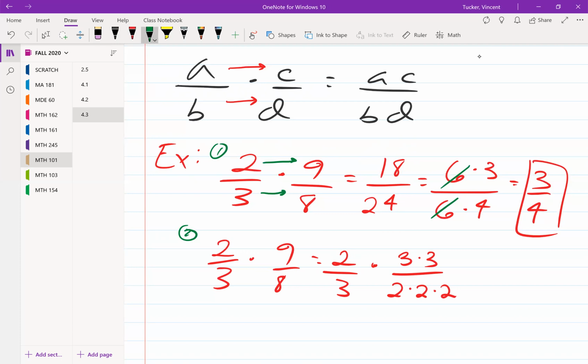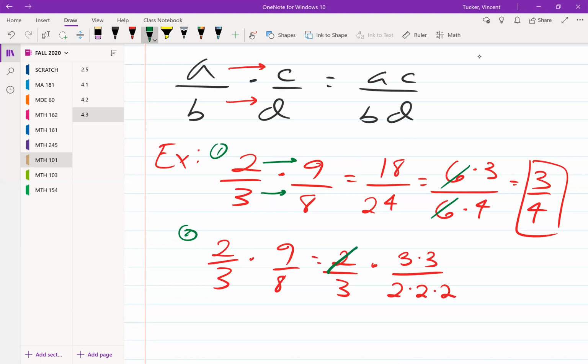When it comes to multiplying fractions, notice that 2 times 9 was the 18, so the 2 and the 9 stayed in your numerator. 3 times 8 is 24, so the 3 and the 8 were in your denominator. So before you multiply, if there's anything that can cancel out, and this is only for multiplication, with the top and bottom, no matter where it's located, as long as it's in the top or in the bottom, you can cancel them out.